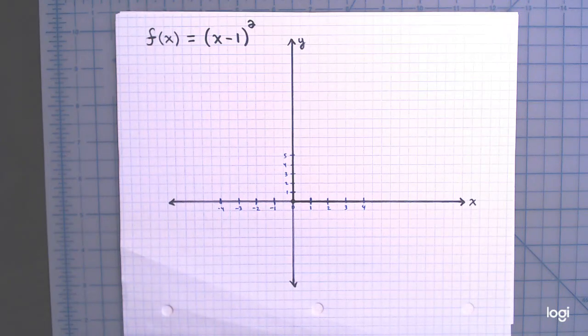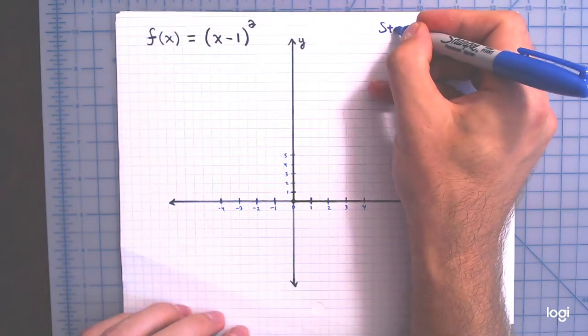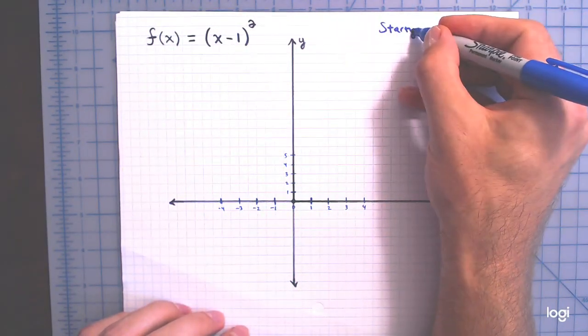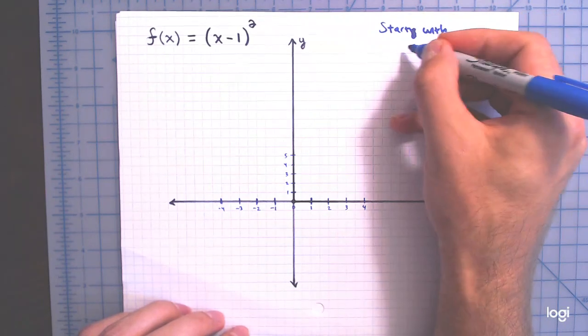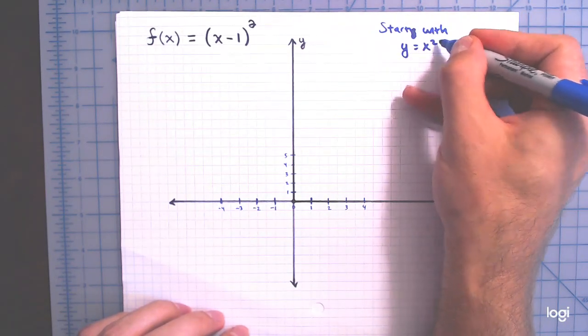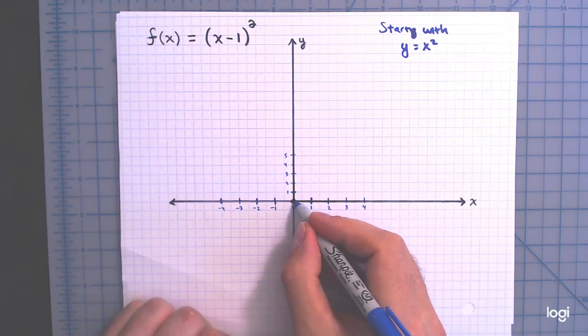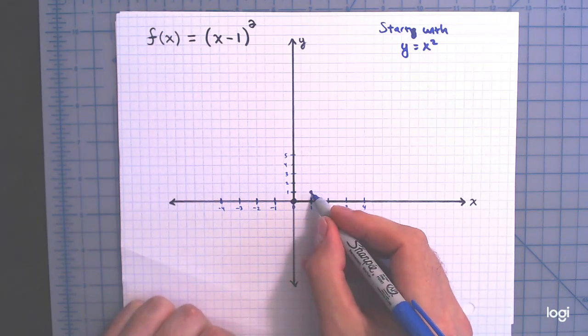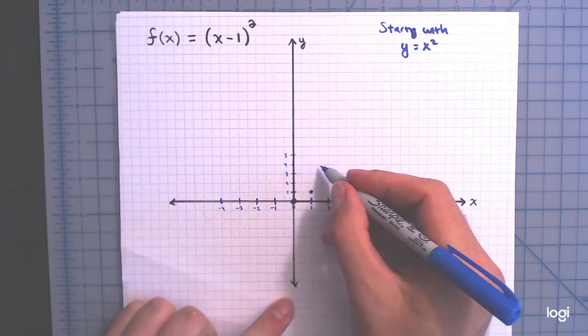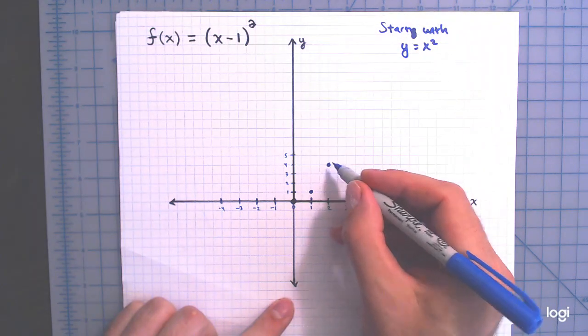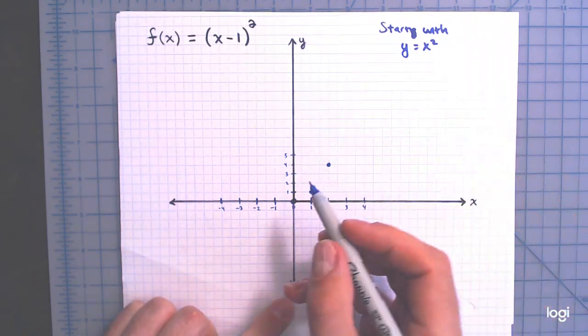All right, so remember the graph of y equals x squared. I'm starting with that, and again, I'm graphing that in blue. We've already plotted points. So 0, 0, right? 1 squared is 1. 2 squared is 4. 3 squared is 9, but I'm not plotting that.